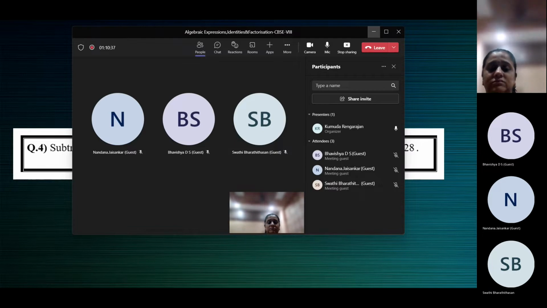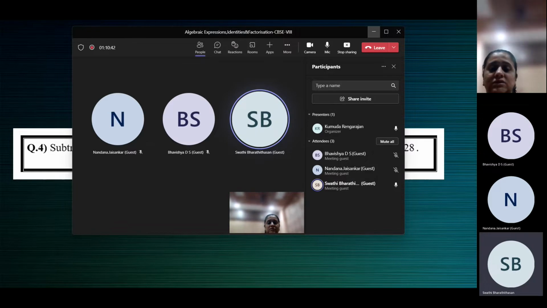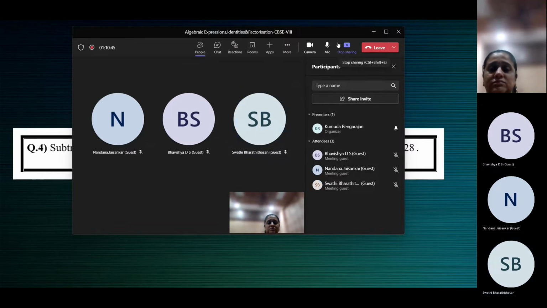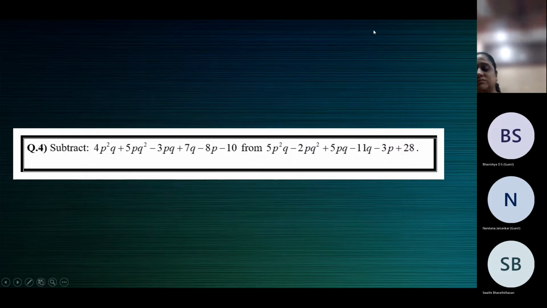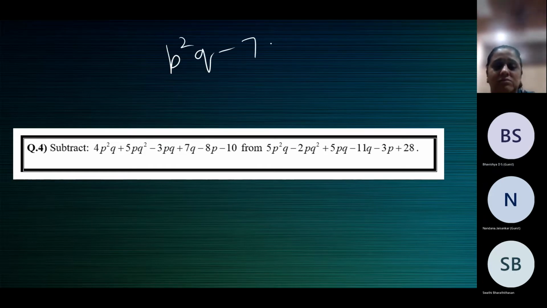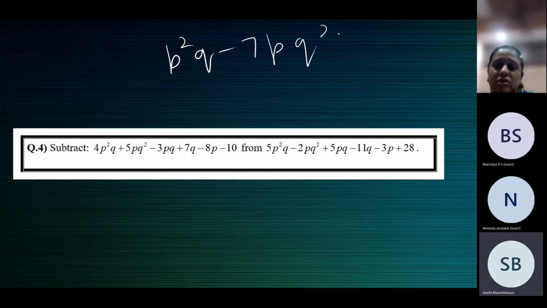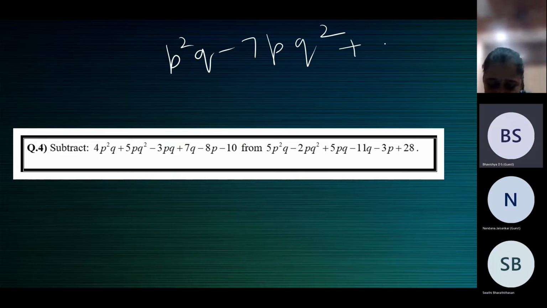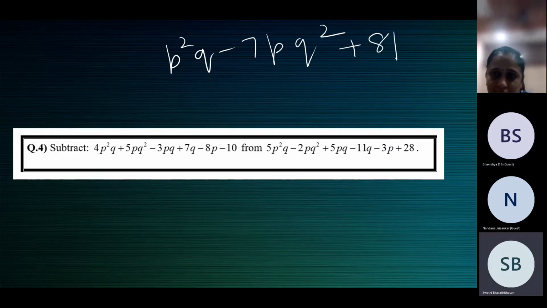Swati? Done, ma'am. Nandana? What's the answer? P square q minus 7pq square, ma'am. Plus 8pq, minus 8pq, ma'am.